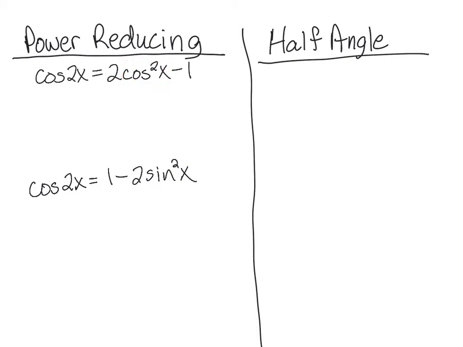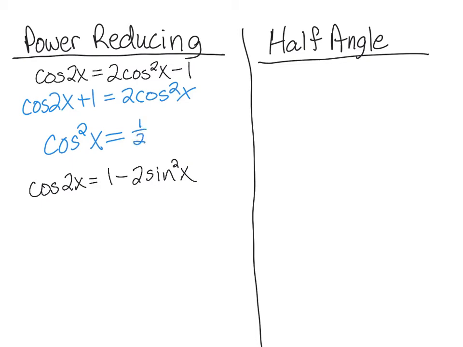So all I'm going to do, and it's very simple, is isolate the cosine squared. So I'm going to add 1 to both sides. Cosine of the double angle plus 1 equals 2 cosine squared. And so I see that I can take cosine squared of x and I can replace that with 1/2 plus 1/2 cosine of the double angle.